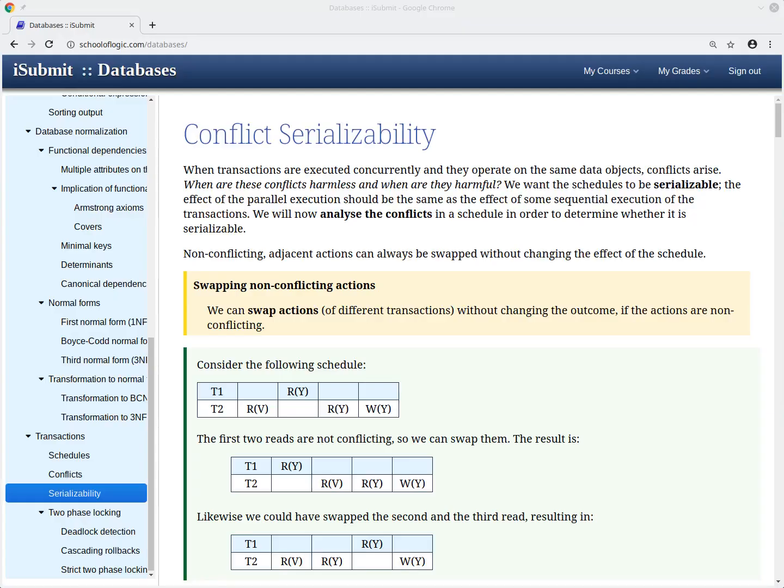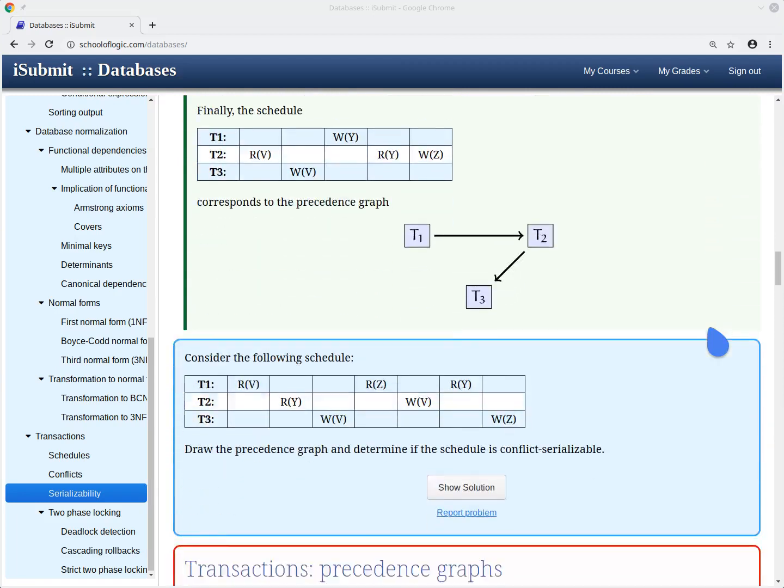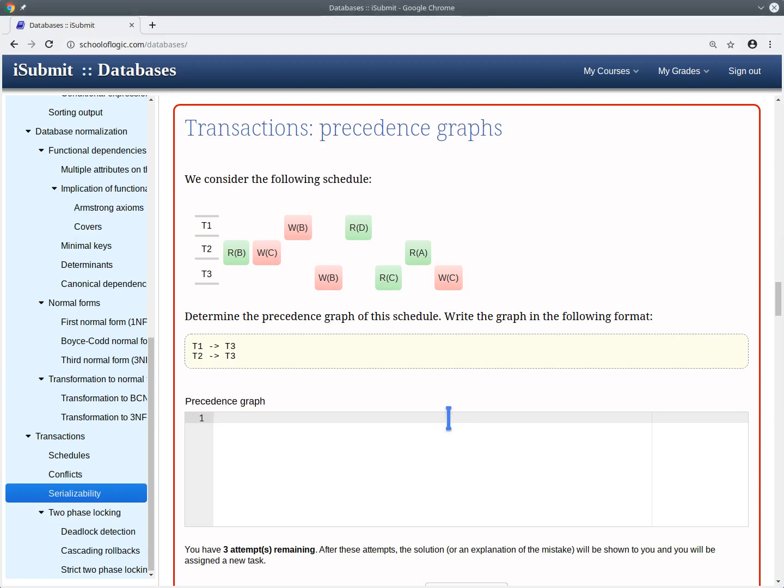So let's practice a bit in the online system with serializability and precedence graphs. Here's our first task. We are asked to compute the precedence graph for this given schedule. So I will start by writing all the possible combinations of edges in this graph that we may have. We might have an edge from T1 to T2.